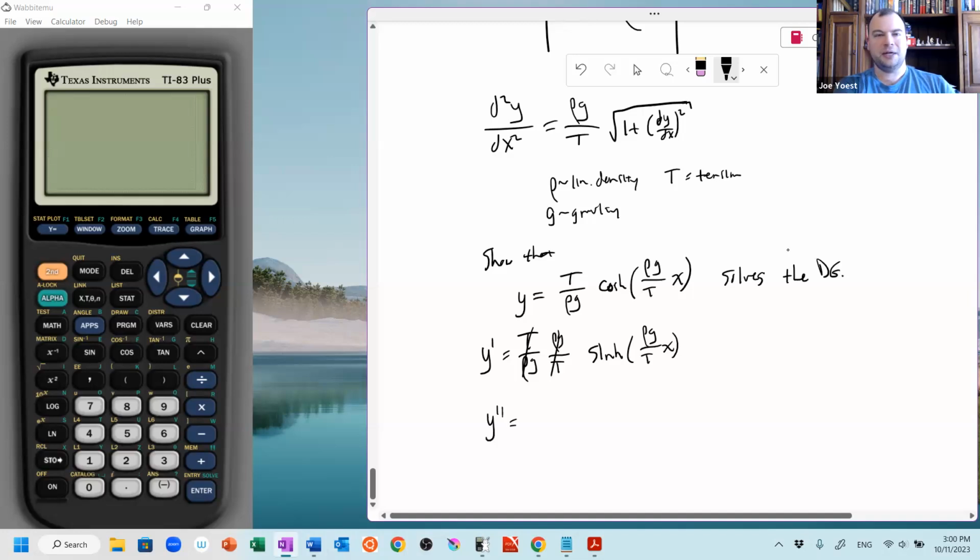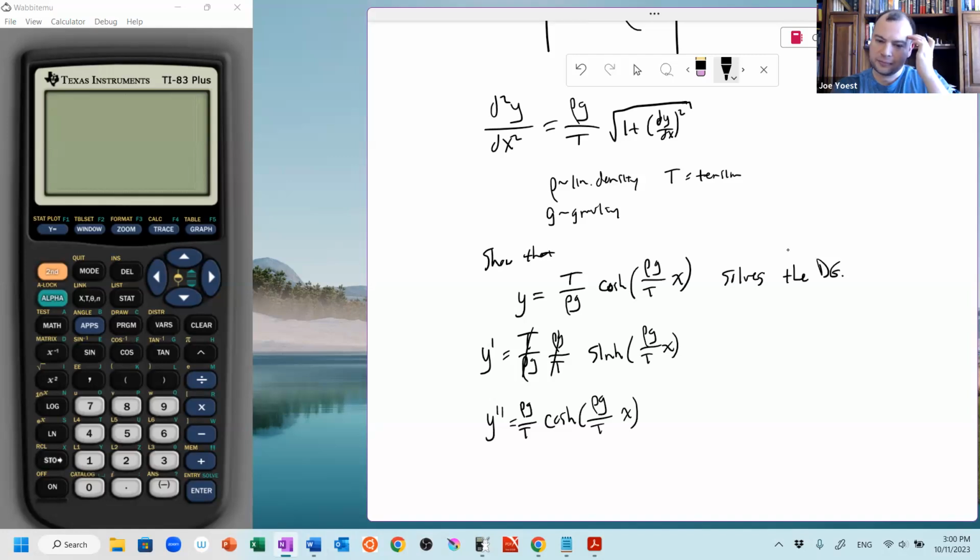And then y double prime, derivative of sinh is cosh of rho g over T x times the derivative of the stuff inside, rho g over T. And my question is, is the second derivative the same as all that stuff on the right?